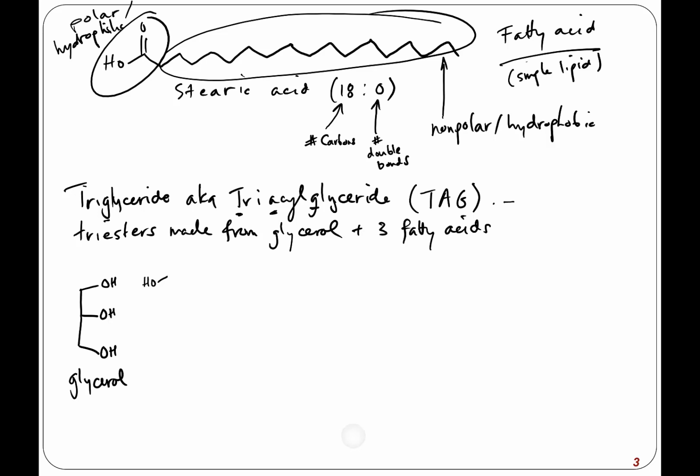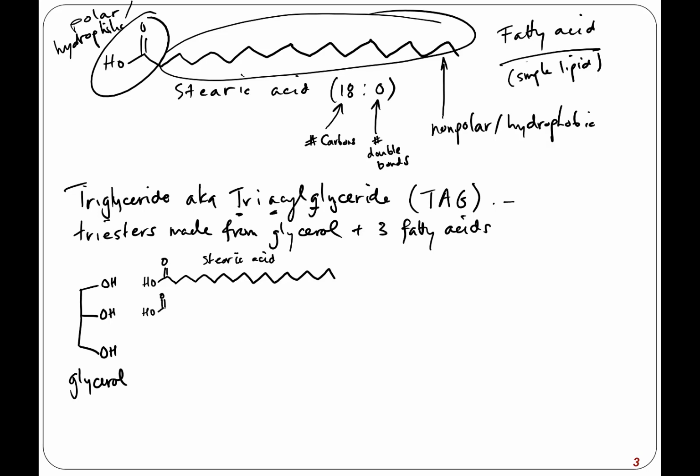Okay, so let me draw a few fatty acids here. I'll draw stearic acid again. I think there were 18 carbons, right? 3, 4, 5. Okay, that looks good. So stearic acid, I'll just write that here. Another one, well, again, there's so many different types here. I think this one's called palmitoleic, if I remember right.